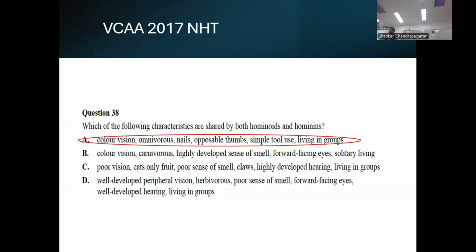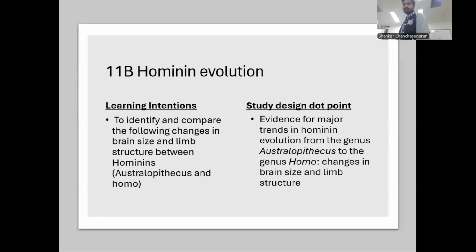What were the key characteristics that we talked about in the last lesson? Larger brain size, that's one. Color vision. Lack of tail. Yeah. And then when we get into hominins, we start to get stuff like bipedalism and also larger brain size, and so on. So everything you see in A kind of fits that as well.